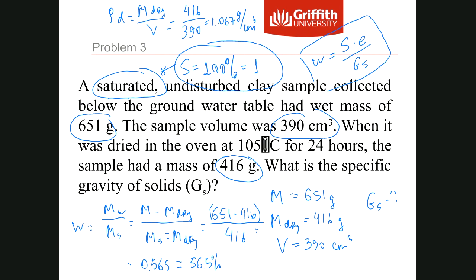We know that degree of saturation is equal to 1, and water content is 0.565. So we can say that void ratio is equal to 0.565 times specific gravity. This is something that we're going to use.